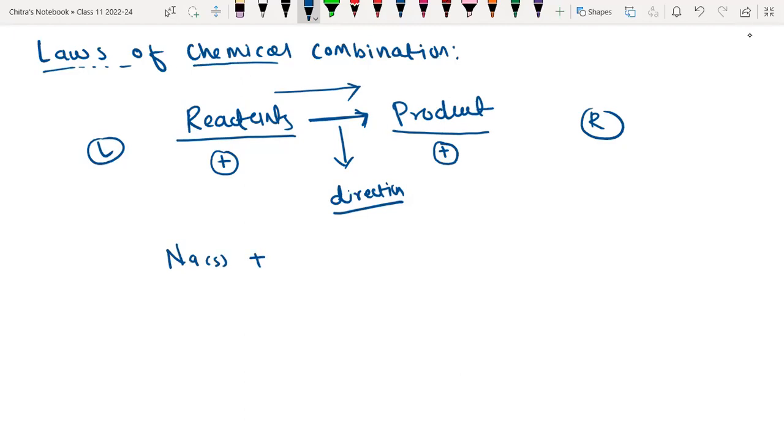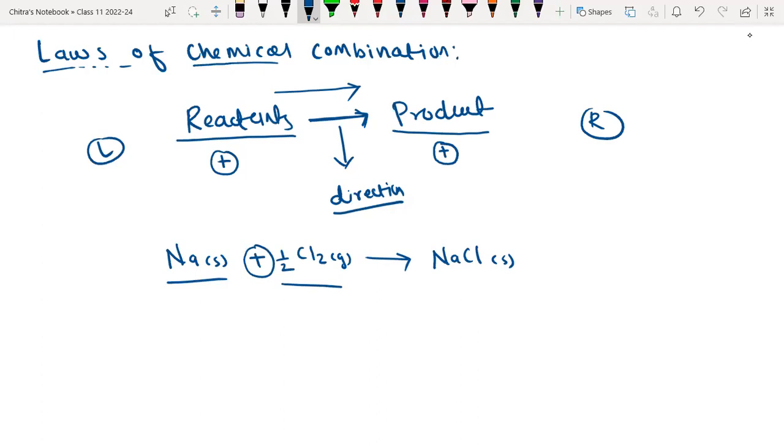It reacts with chlorine gas, so we mention chlorine in its standard state, gaseous form, taking half a mole of it. When they react, they form sodium chloride, which is a solid salt. Here we had two reactants, so we used the positive sign.